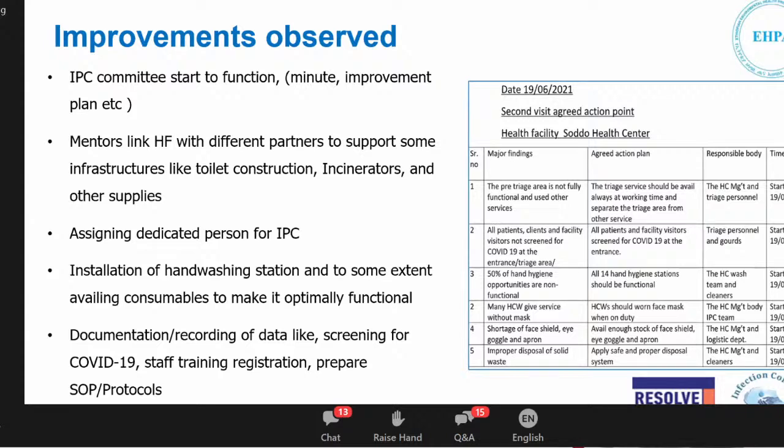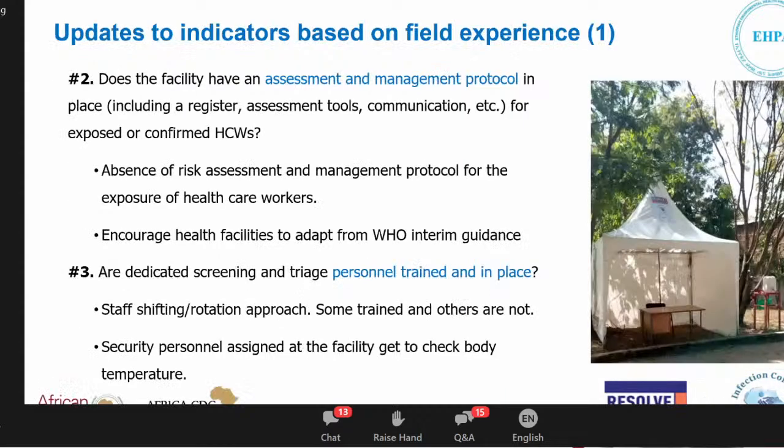This kind of improvement plan is prepared at the facility level. So this is what I can share as improvement.